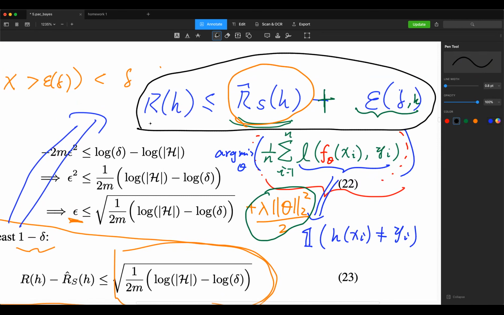Look at this. Any people trying to be brave enough? If that's the case, this is your regularizer. You don't have to use this. Why?